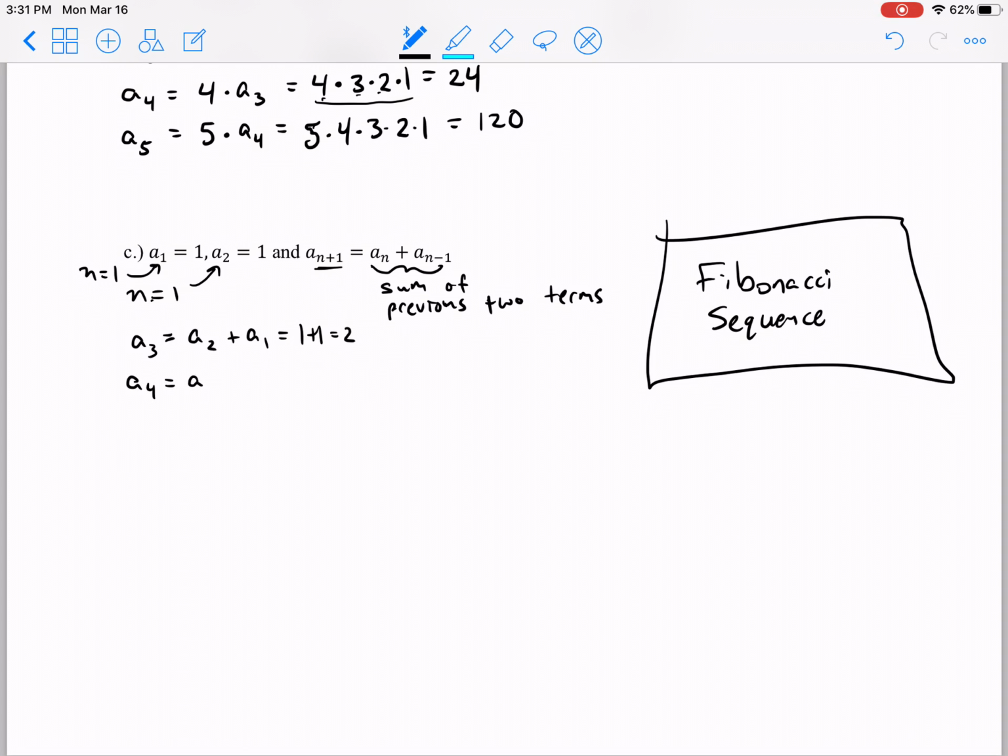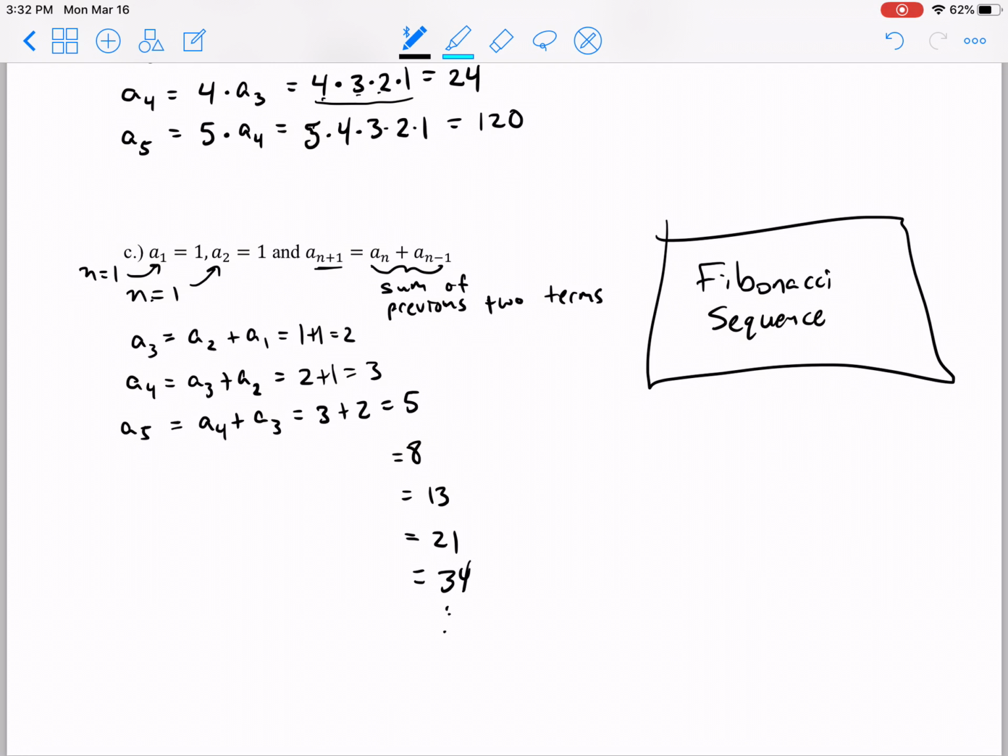And then a4 is going to be a3 plus a2, which will be 2 plus 1, which is 3, and a5 is going to be a4 plus a3, and that's going to be 3 plus 2, which is 5, and then the next one would be 5 plus 3, which is 8, and then 8 plus 5, which is 13, and 8 plus 13, which is 21, and 13 plus 21, which is 34, and so on and so forth, where you just keep adding the previous two together.